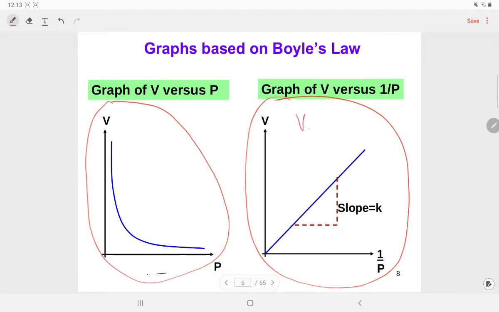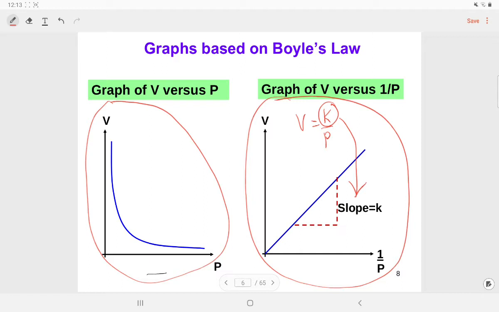So volume equals K over P, and this K refers to your slope. You need to memorize what kind of graphs are available in Boyle's law, in case the exam asks you to show a graph involving Boyle's law.